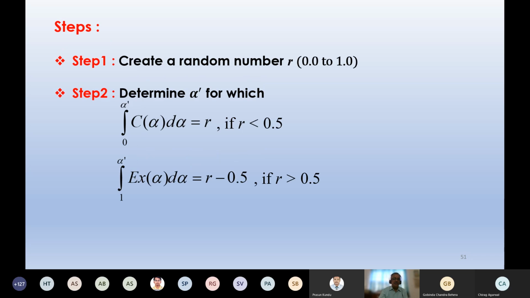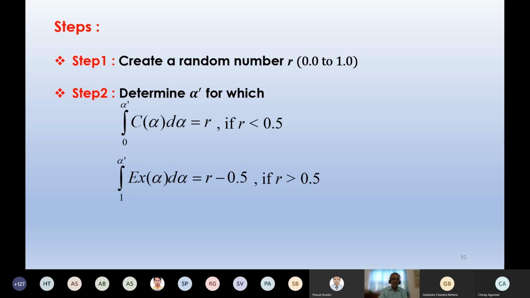But before that, let me concentrate on the steps which we generally follow in SBX, that is, simulated binary crossover. Step one: we generate a random number R using the random number generator, and this R lies between 0 and 1.0.